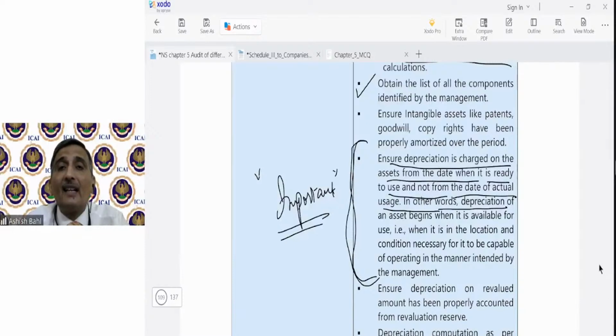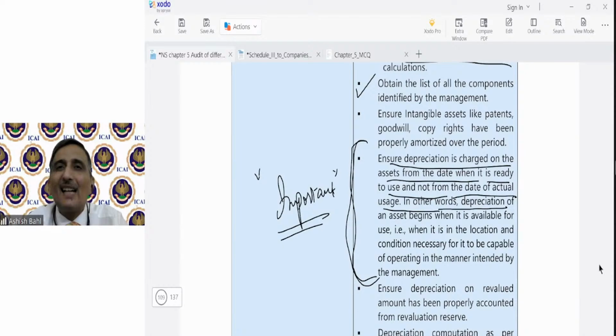Say if a machinery is installed and test production has been carried out, but actual commercial production starts say after 4-5 months, the depreciation would be charged from the date when the asset is available for use, when it is ready. Okay, because its time has started from that period.